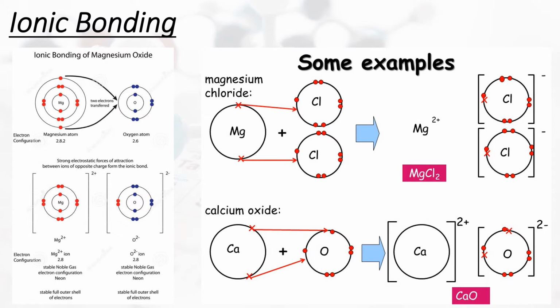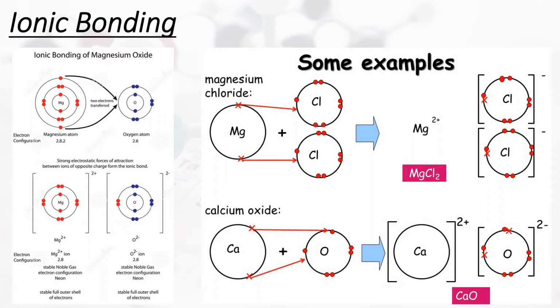And so 1 electron each from the magnesium goes to 1 of the chlorines, and so that leaves us with our Mg2+ cation, which would have a full, here it's been shown as just having an empty outer shell, but in reality that shell essentially then goes down 1 to the 8 electrons in the previous shell, that noble gas stable configuration. And our chlorines have now become chloride anions, Cl-, because they've gained an electron each to have that full octet.